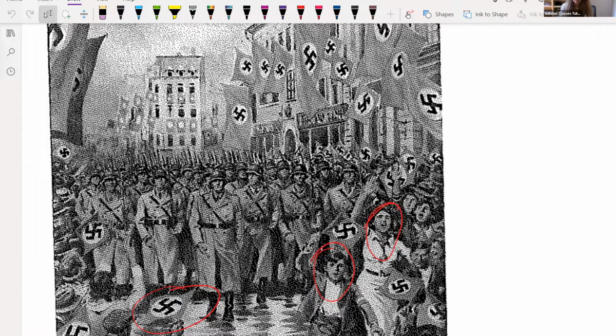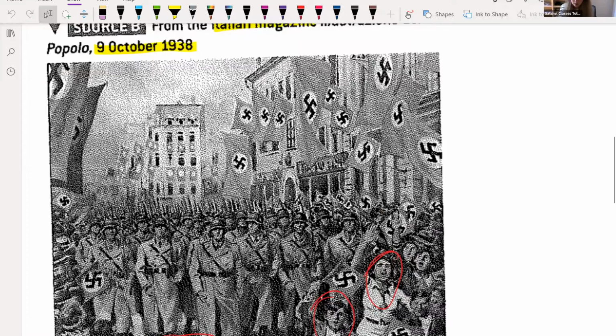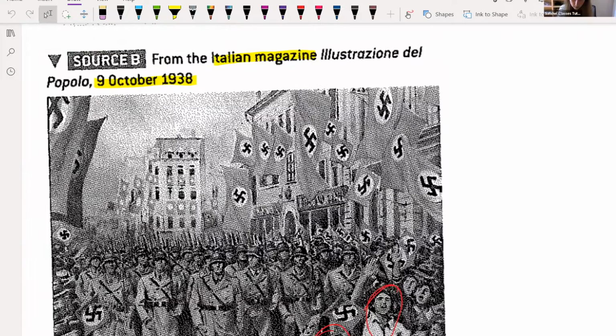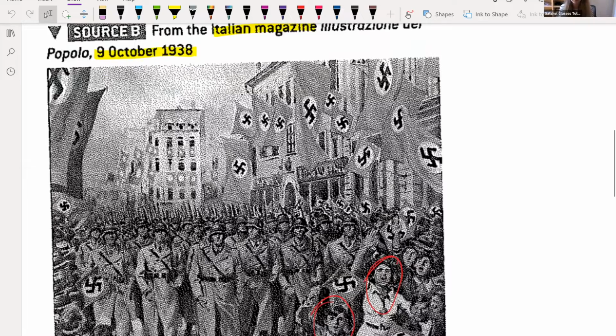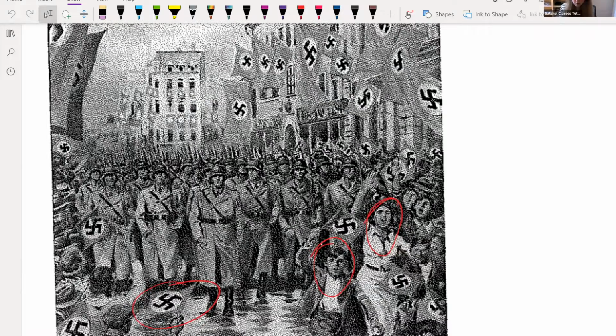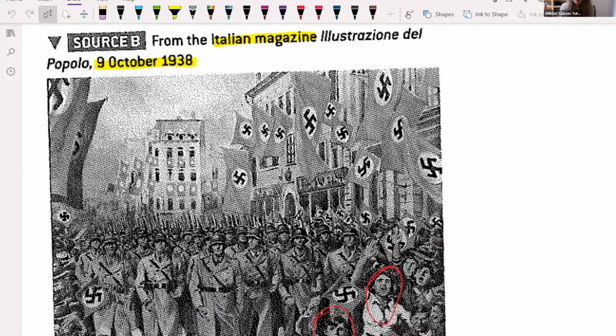It's a representation of how the Nazis have been greeted every time they've entered a country that they are essentially taking over. Now, this is from an Italian magazine, and this looks supportive of the Nazi invasion of the Sudetenland. And that's important because we know that now we've got the Rome-Berlin Axis. We've got this agreement and this alliance between the Germans and the Italians.